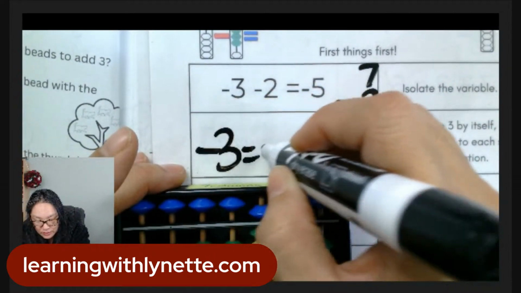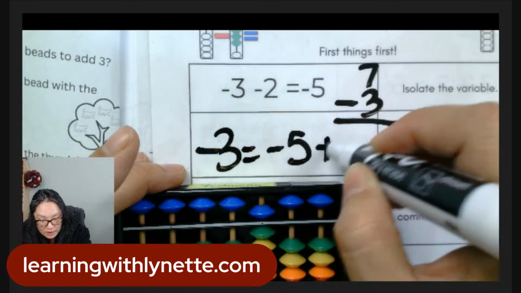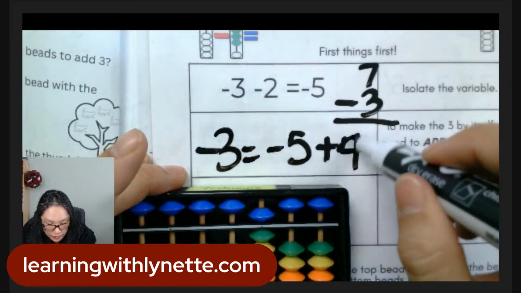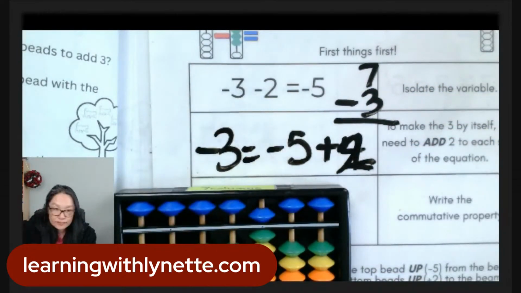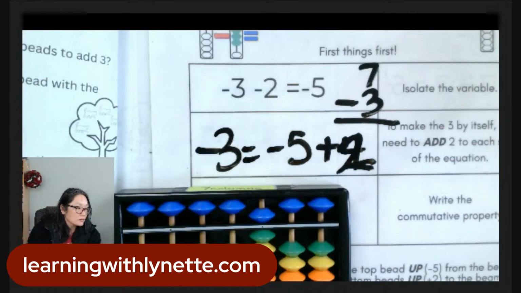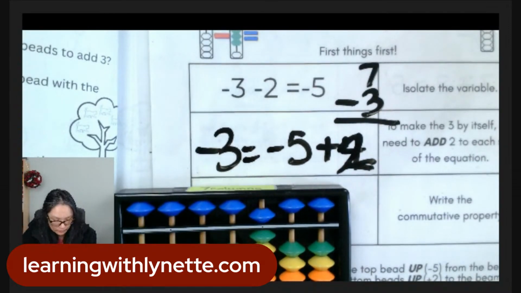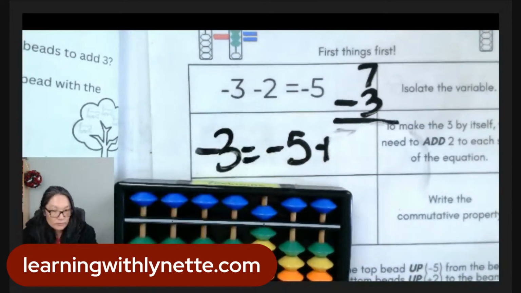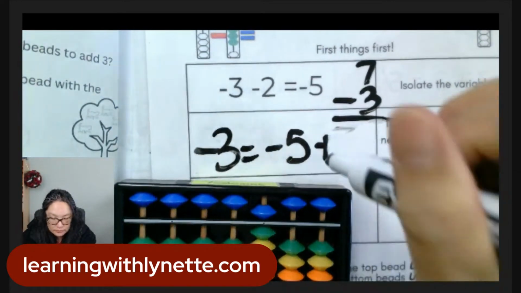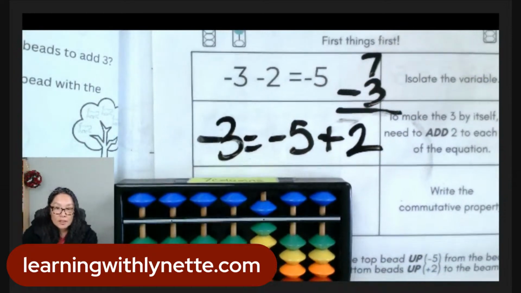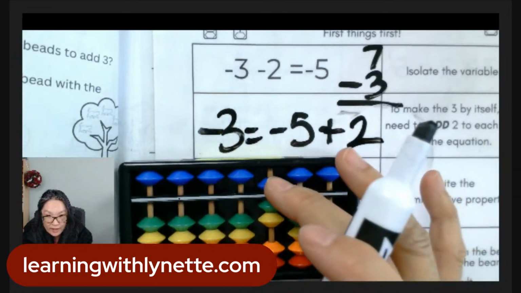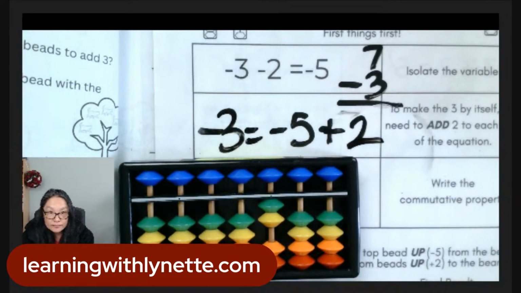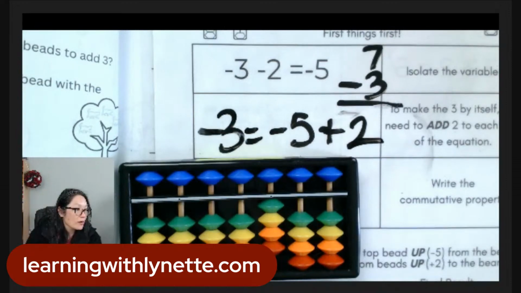Minus 3 is equal to minus the 5 plus the 2. So we minus the 5 and we add the 2. My final answer is 4.